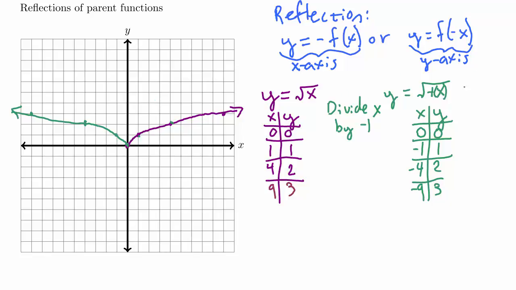Notice that you can see this by, if I have this inside the radical, I can say negative x must be greater than or equal to 0. Divide by negative 1 means x must be less than or equal to 0, and that's your domain. And you can see that happening here.